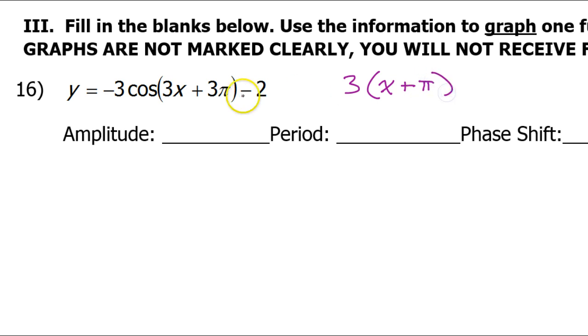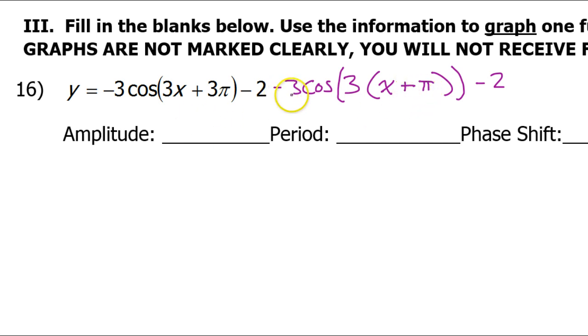So that was a little simple, I just pulled out the GCF in this case. And so now all of that is inside of this function. So I still have the cosine and my negative 3 out there, and the minus 2. But it allows me to see the phase shift for what it is.